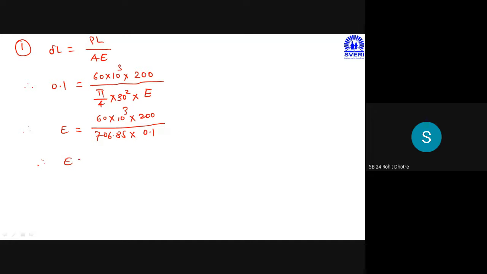Therefore, Young's modulus is equal to 169.6 into 10 raised to 3 Newton per mm square.